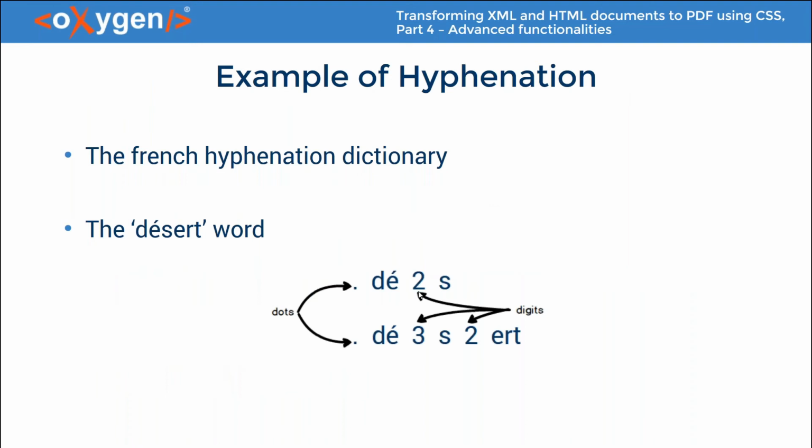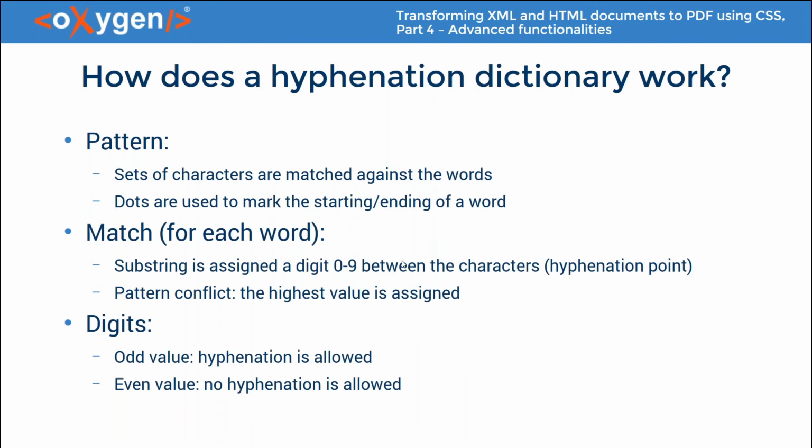This simply means that in these digits, we set a rule saying whether we can break a given word or not. In case multiple rules or patterns match the same piece of word, the highest value will be assigned. Of course, odd values mean hyphenation is allowed, and even values mean hyphenation is not allowed.